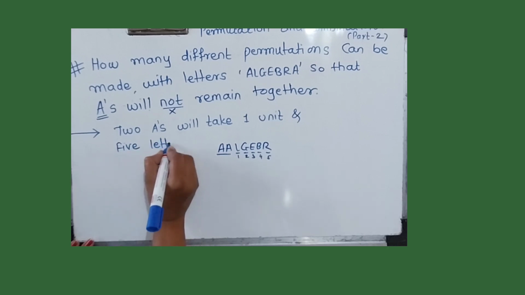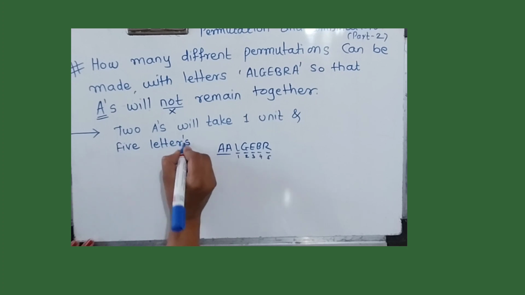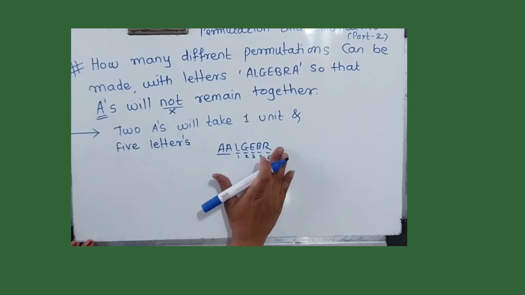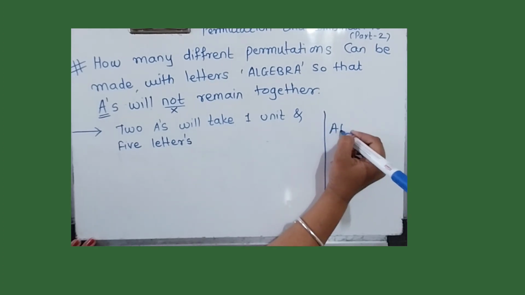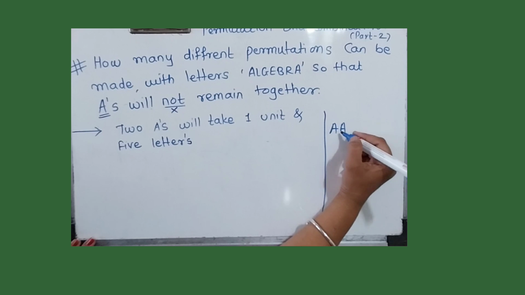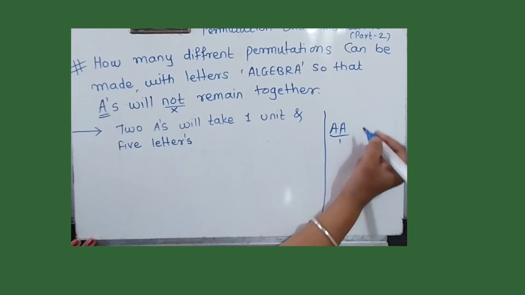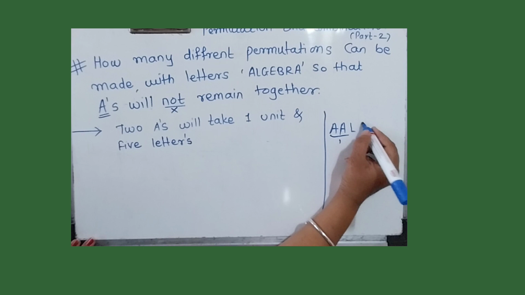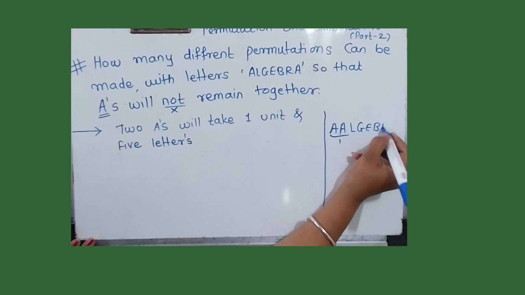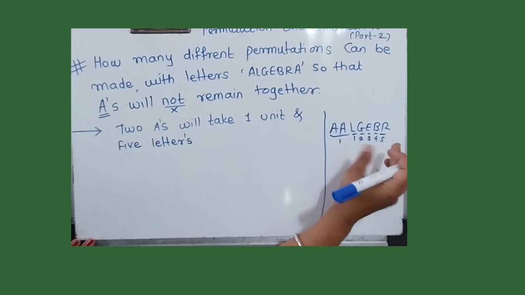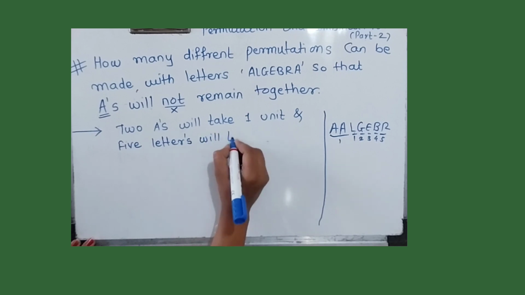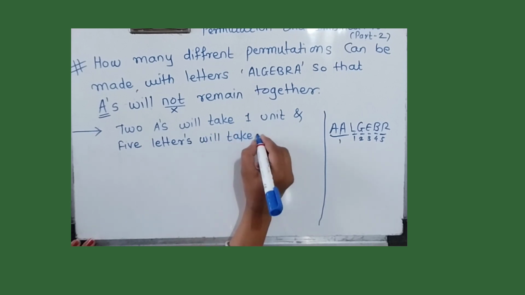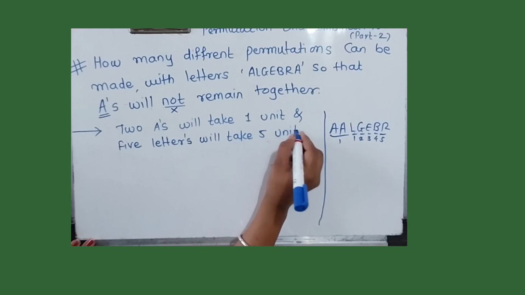This is 1 bunch, and the remaining L, G, E, B, R, 5 letters, will take 5 units, means 5 places.